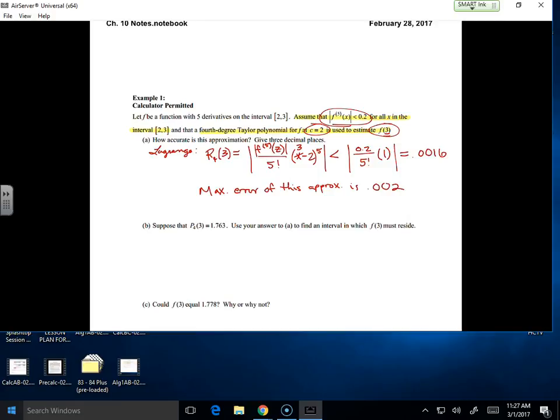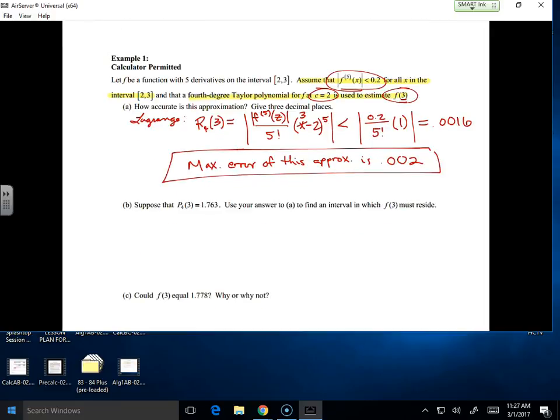These have 3 decimal places, so we're rounding to 0.002. Remember Lagrange maximizes the error, so the error is going to be less than, or we could just say the maximum error of this approximation is 0.002. Yes, it said 3 decimal places, so I figured I should be precise. Does that make sense?